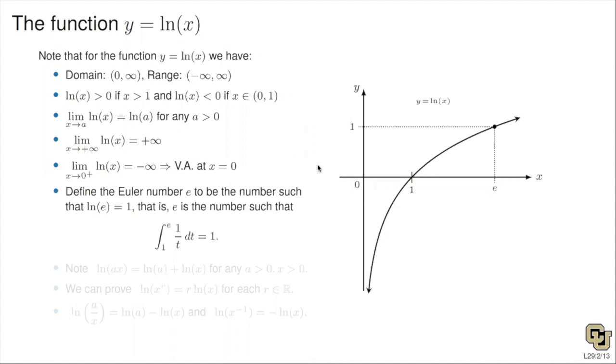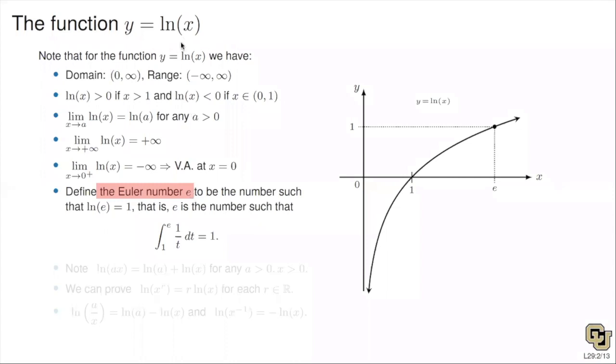We can officially define the number e, the Euler number, to be the number such that when we integrate 1 over t from 1 to e, the area is exactly 1.